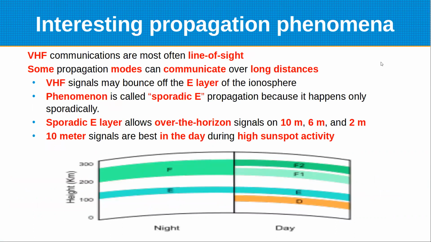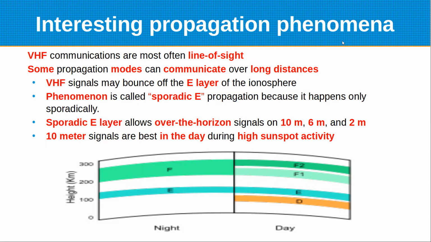Okay, VHF are most often line of sight. There's some modes that can allow you to communicate long distances around the world and more. I don't know if you can do two trips. I guess if you had enough power and the right propagation, you could.